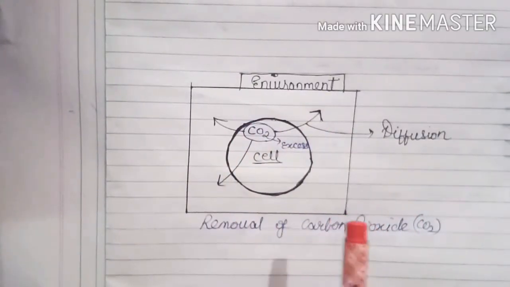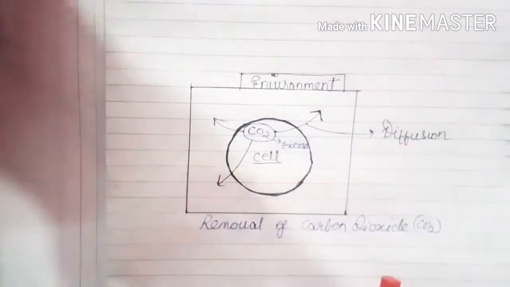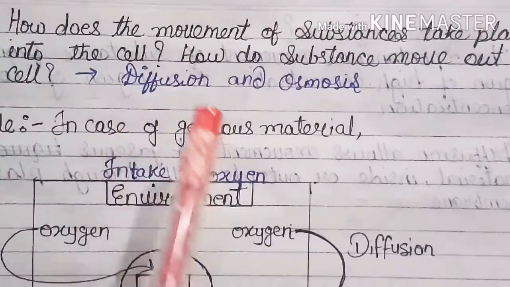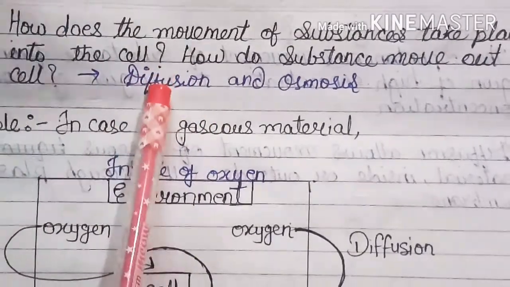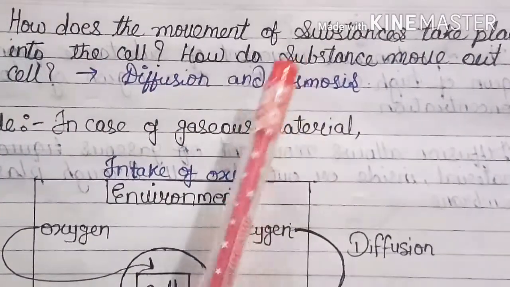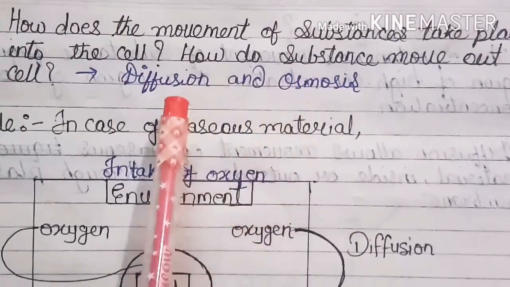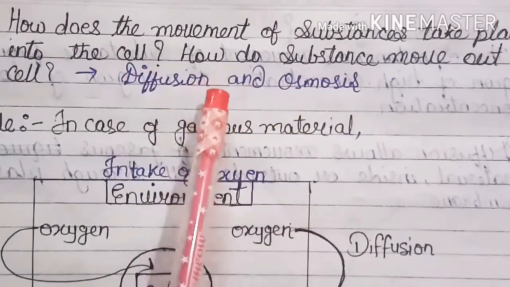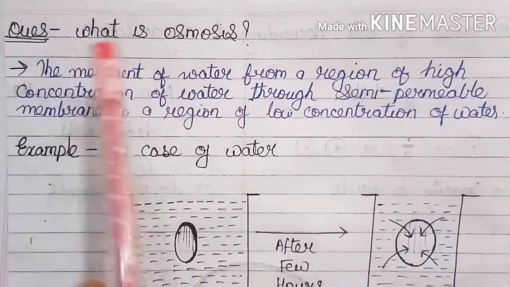Now let's talk about osmosis. Please remember that diffusion is the movement of gaseous particles and osmosis is the movement of liquid particles. So don't get confused between these different processes. Okay. Now what is osmosis?